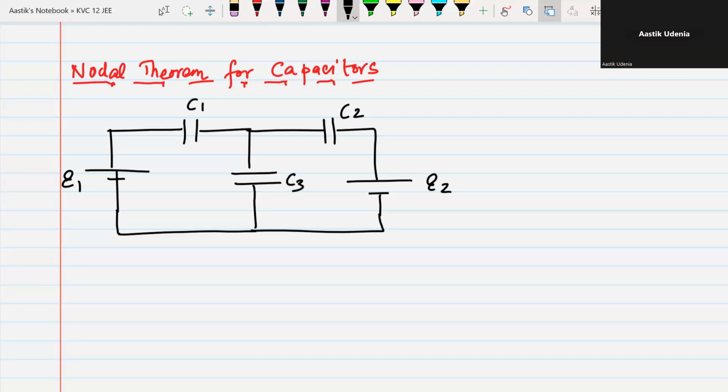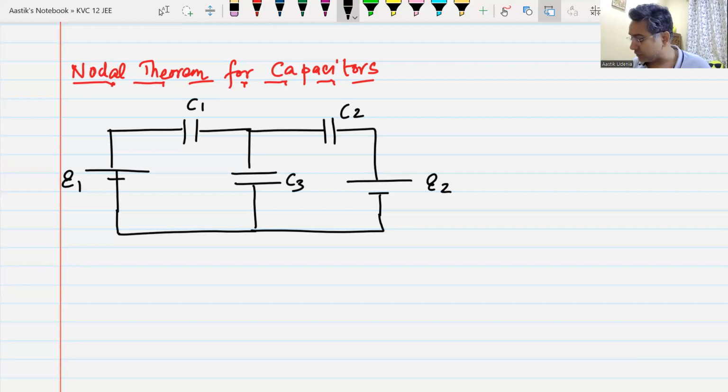Everyone understands this? Remember this circuit, yes or no? Everyone is in this universe only, right? Same universe, same dimensions, X, Y, Z axis. Newton's laws are valid. Let's not jump onto some other universe.